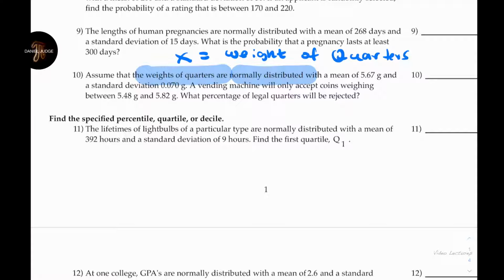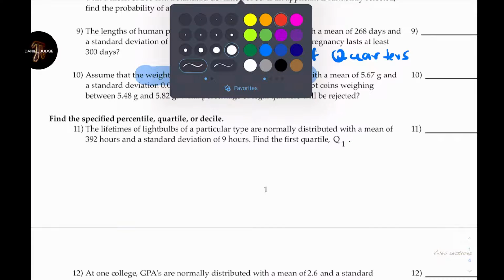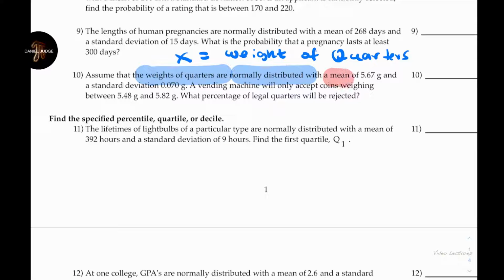All right. Now, it's normally distributed. It has a mean of 5.67 grams and a standard deviation of 0.07 grams. Okay? Now, here's what they say.